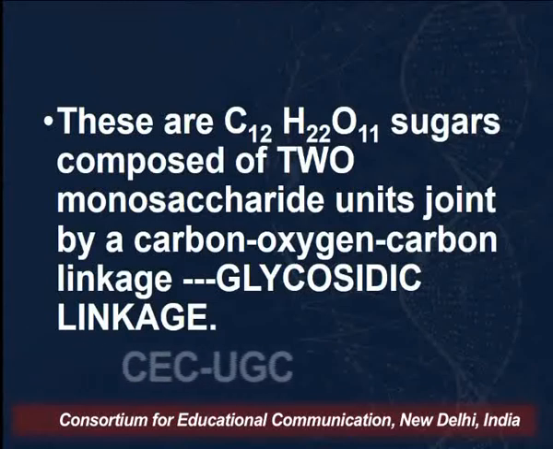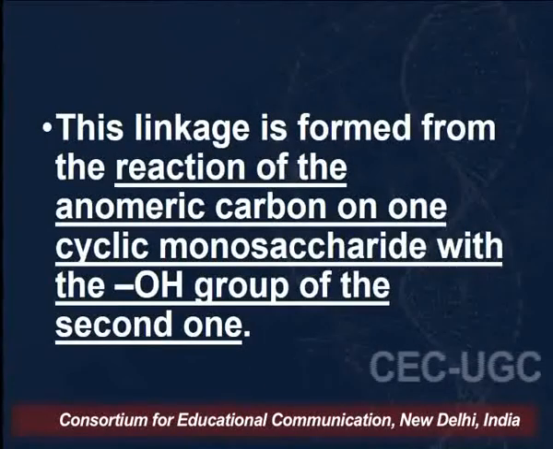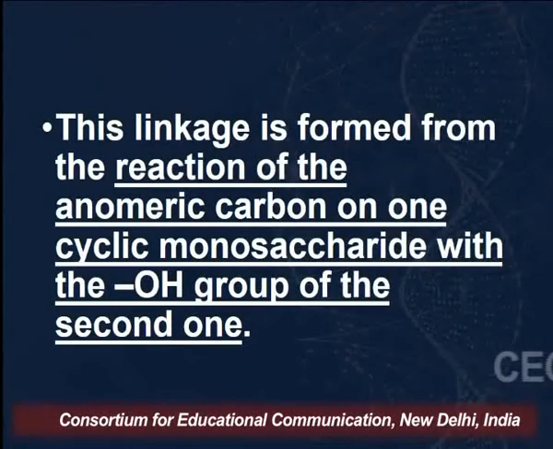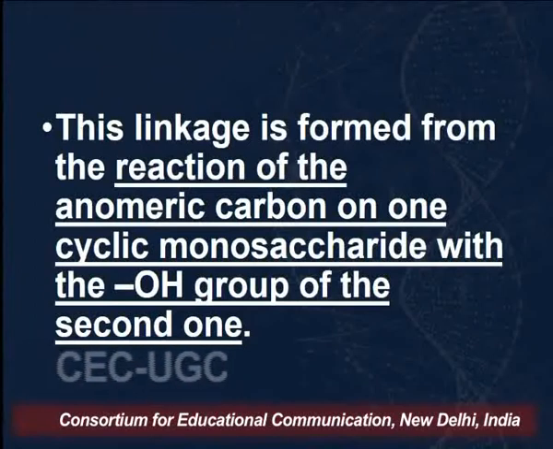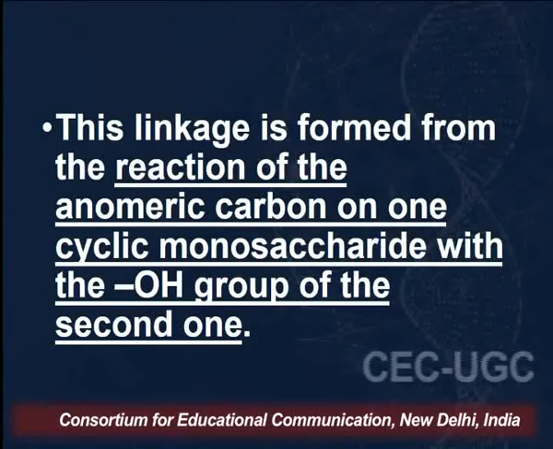That is, the carbon-oxygen-carbon linkage is known as glycosidic linkage. And now this linkage is formed by the reaction of the anomeric carbon on one cyclic monosaccharide with the hydroxyl group of the second monosaccharide.